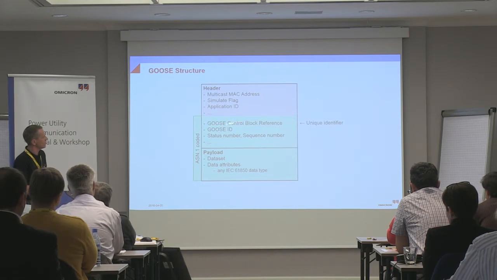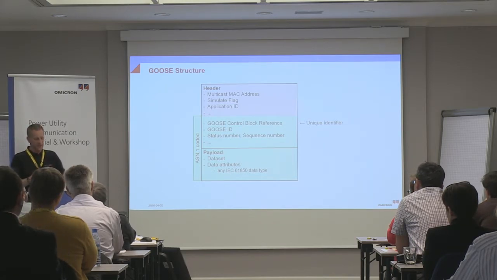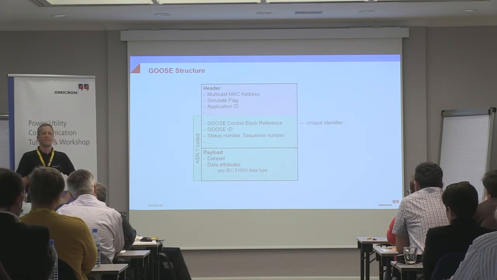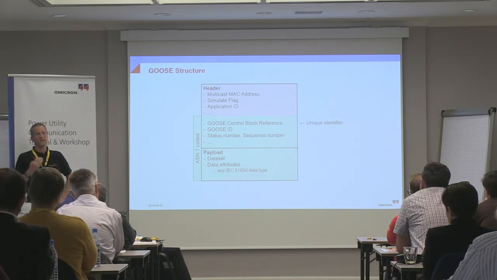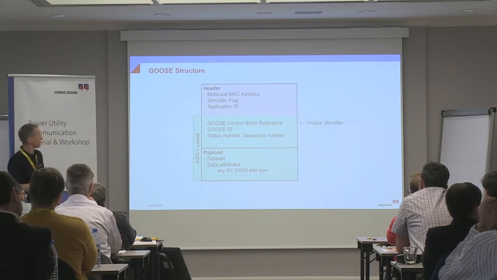This is the GOOSE control block reference. This is the only identifier which really has to be unique. There are some others, like the application ID or the GOOSE ID, but they are not necessarily unique. So the one thing you have to really go after is this GOOSE control block reference.